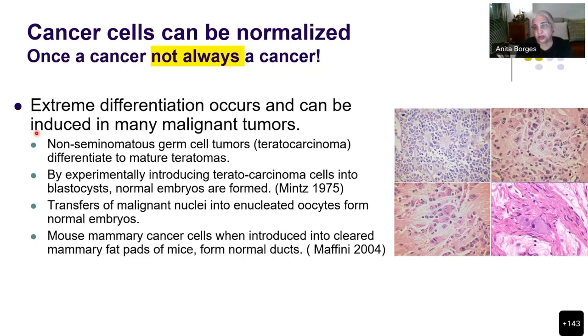It forms normal ducts. The cancer just disappears. Now, can I ask any one of you, what do you think is happening over here? Why is this happening? You've got malignant tumors which are quietened by doing these experiments. Anybody like to tell me?